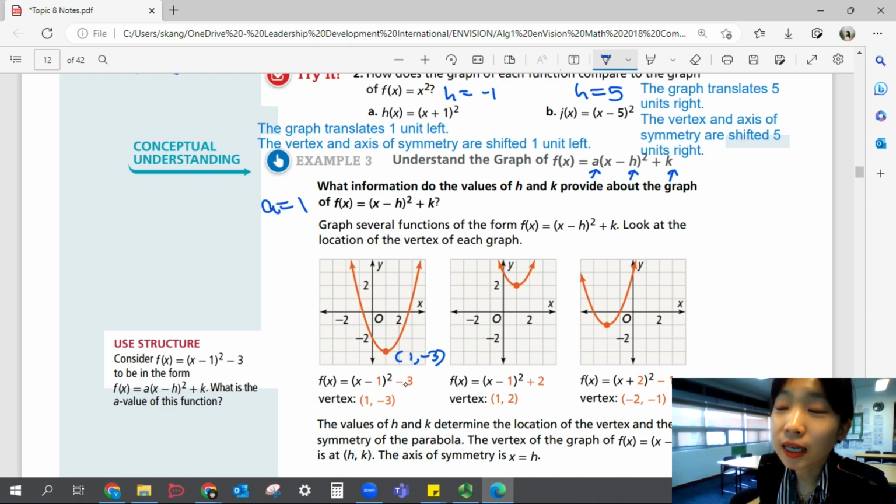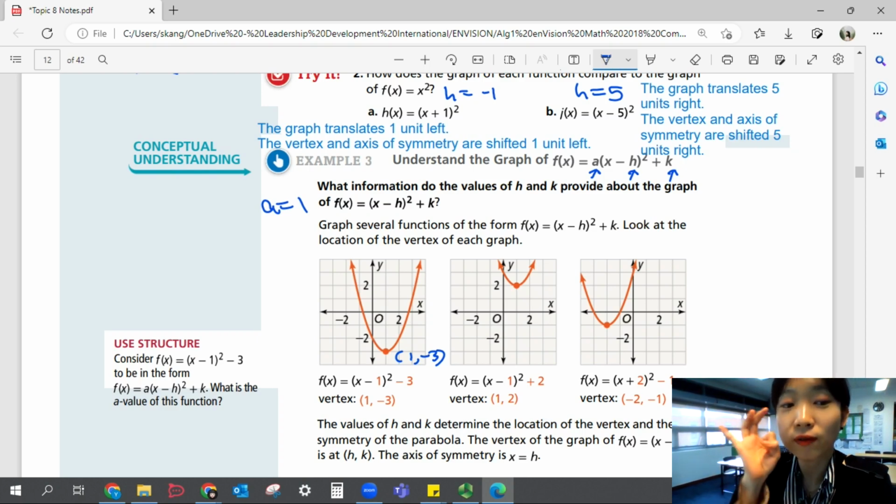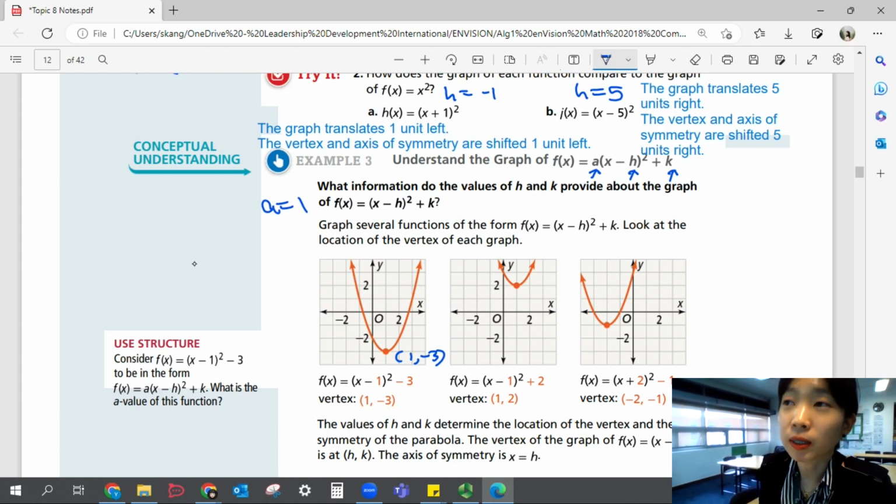1 comma negative 3 is your vertex. And that's exactly how you moved your graph, because your vertex starts from 0, 0 in your parent function. And then you're just translating all the points on the graph, k units up or down, and h units left or right. So your vertex is simply just going to be h comma k.